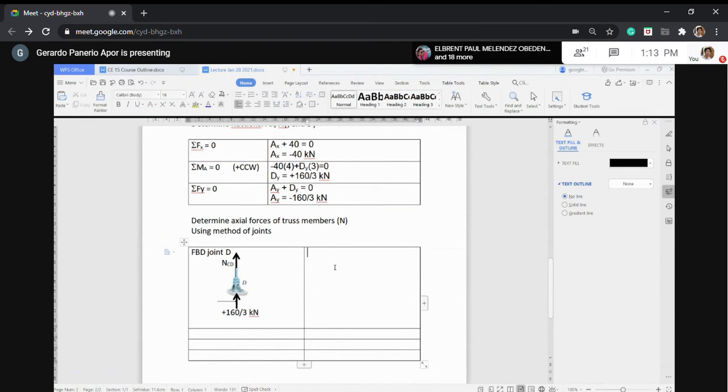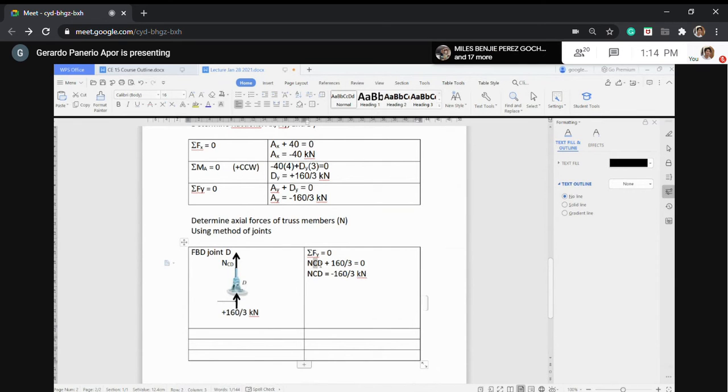Therefore, if we sum up forces in y equals 0, we have N_CD plus 160 divided by 3 is equal to 0. So N_CD equals negative 160 divided by 3 kilonewton.